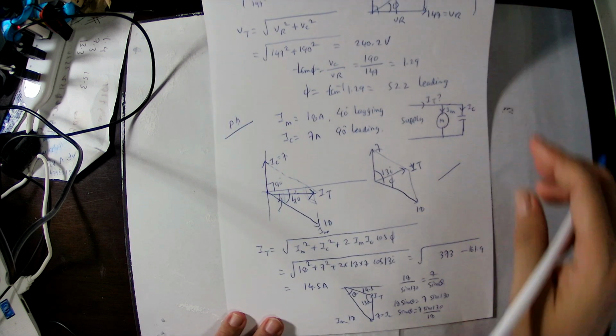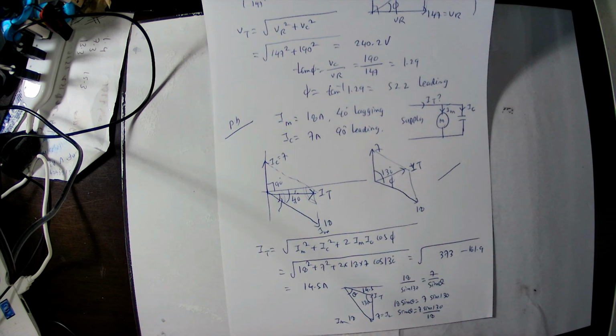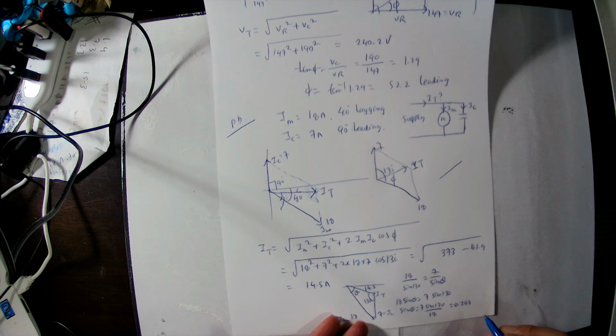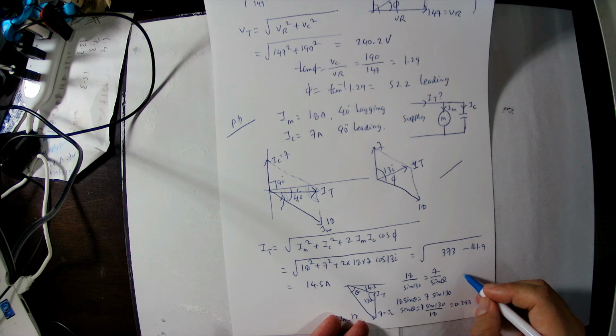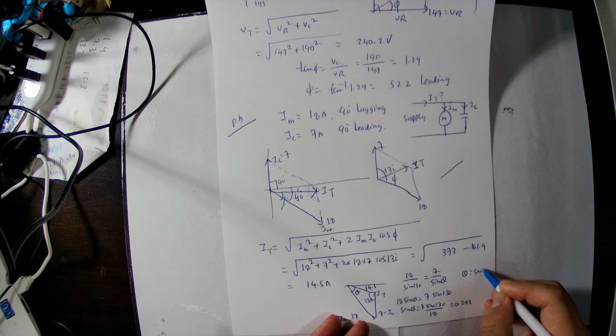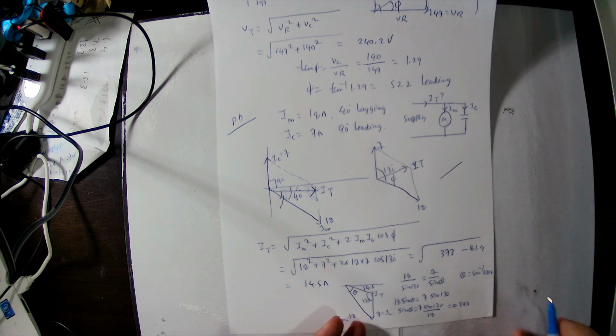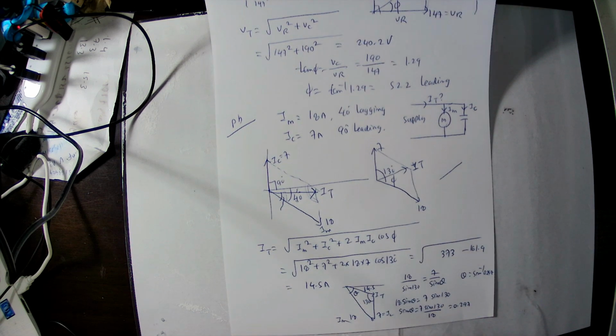Then we can find the angle theta. So sine 130 multiplied by 7 divided by 18 is 0.297. And angle theta can be calculated: inverse sine of 0.297.